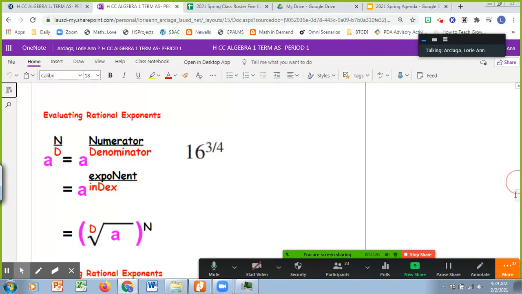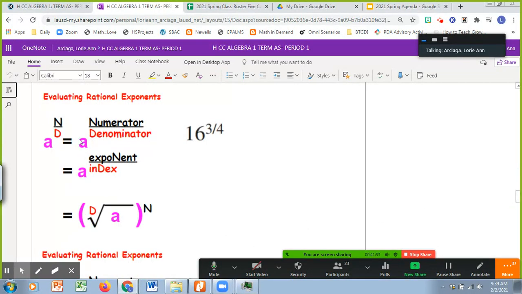Now what if the numerator is bigger than 1? So earlier we learned how to rewrite it if it's like 1/3, 1/4, right? But what if the numerator is greater than 1? Let's try that.